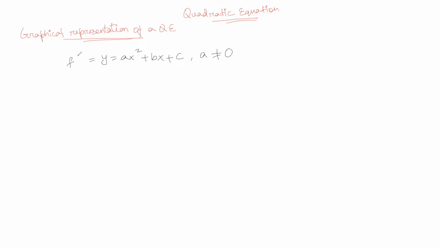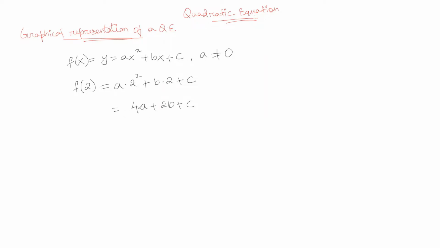So if I want to find the value of this quadratic expression at x equal to 2, I'll write f of 2, which would be equal to a into 2 square plus b into 2 plus c, which is 4a plus 2b plus c. Depending on the values of a, b, c, we get the value of this expression at x equal to 2.